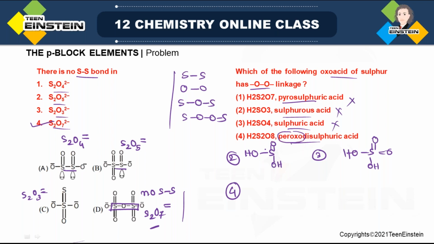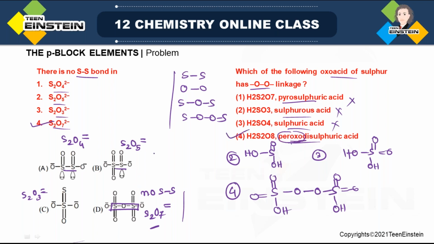Okay, this is Marshall's acid. Remember the last structure that you have seen. Double bond O. Total number of oxygens is 8. So just from the term you can easily choose that this option will be correct.